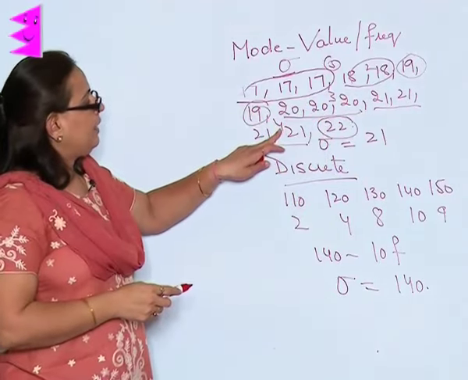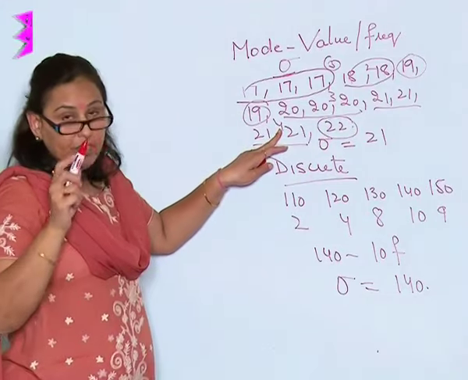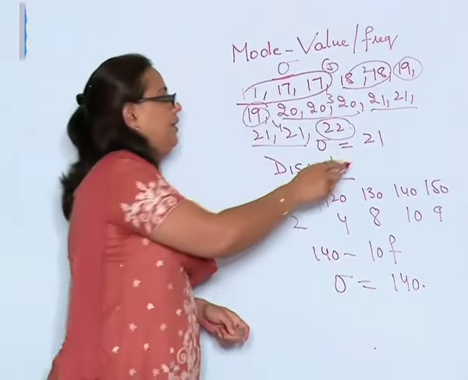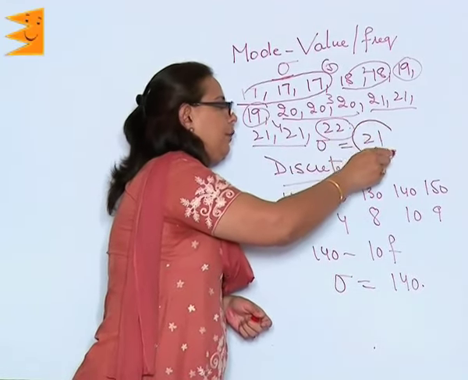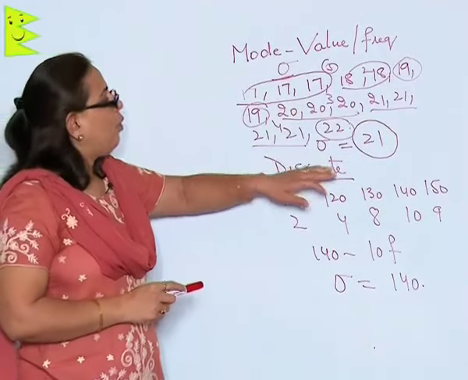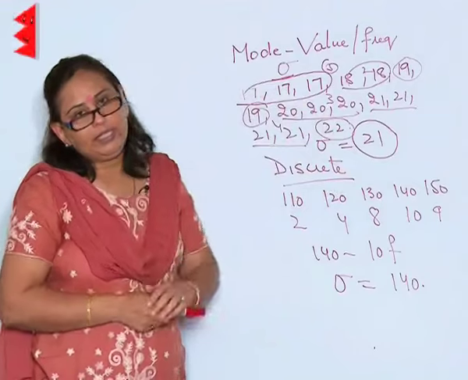That means the mode, the value which has occurred more frequently, is 21. So, the mode shall be 21. That is the simple method of finding the mode of the individual series.